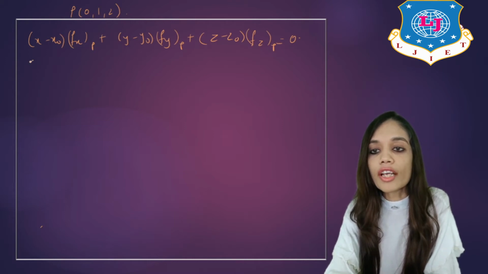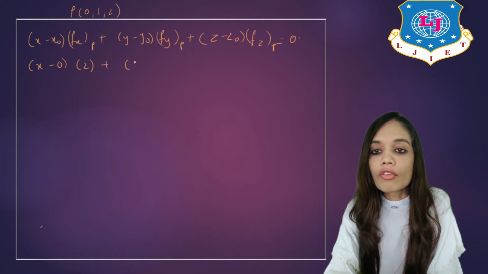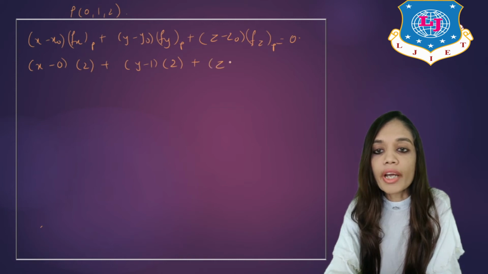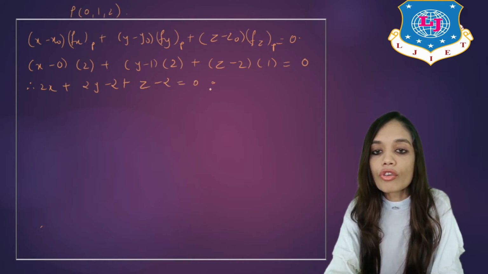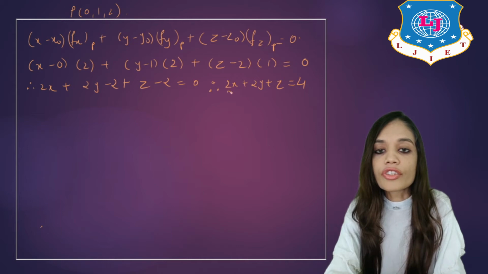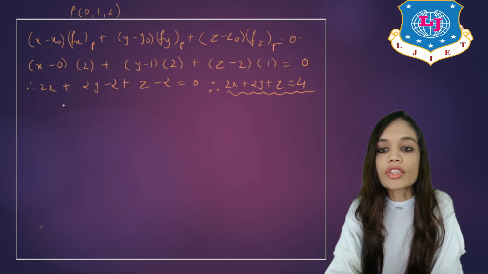So let us put all the values. (x minus 0) into 2 plus (y minus 1) into 2 plus (z minus 2) into 1 equals 0. Let us simplify. So this will be equal to 2x plus 2y minus 2 plus z minus 2 equal to 0. So finally this will be 2x plus 2y plus z equals 4. So this is our equation of tangent plane.